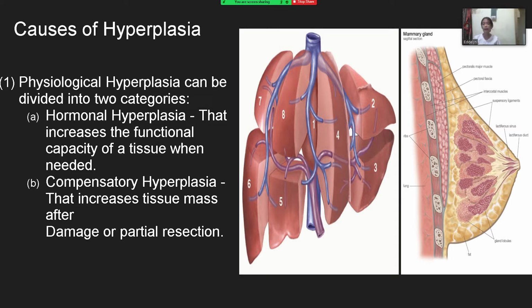Na-discuss nga na ang hypertrophy at hyperplasia ay closely related, na they often develop together na nagli-lead sa contribution nilang dalawa sa overall na pag-increase ng size ng organ or tissue. So kailangan natin huwag malito sa dalawang ito, especially sa the way sila mag-adapt sa mga certain stresses.